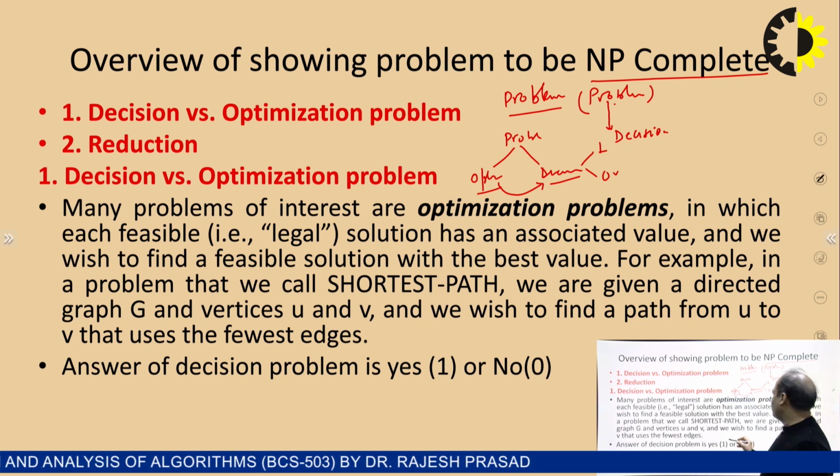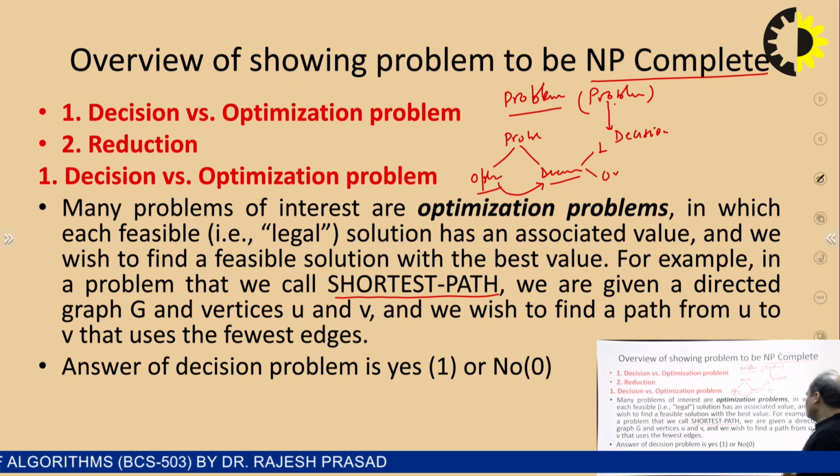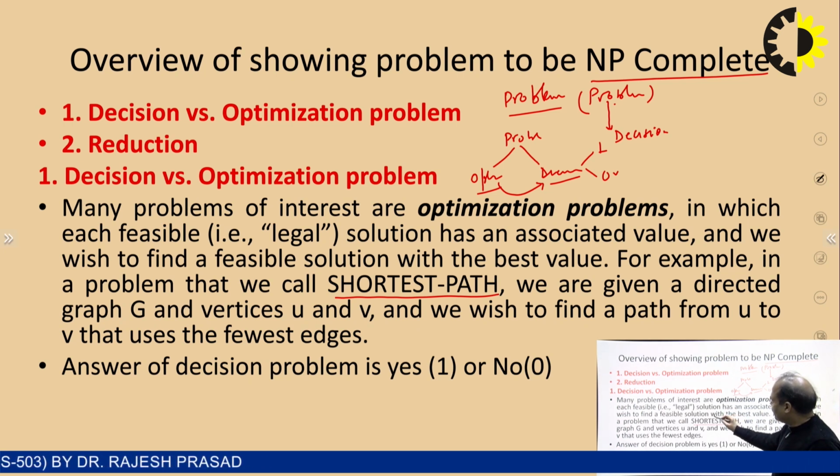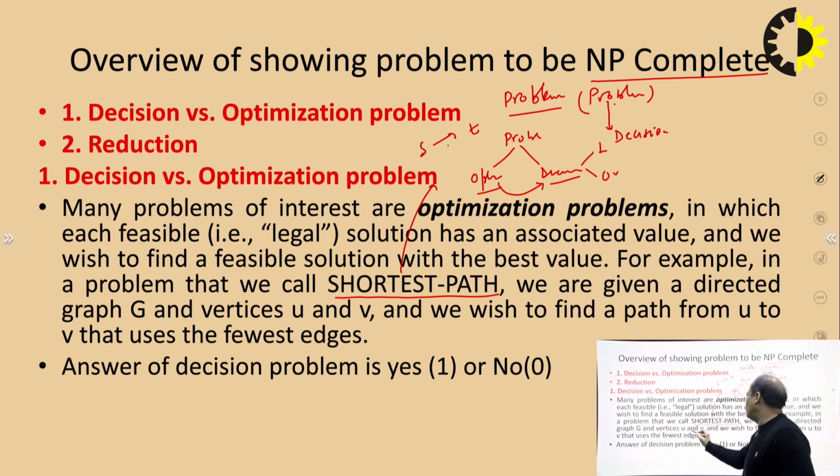For example, suppose we have the shortest path problem. This is an optimization problem, where we are interested in finding the shortest path from source to destination with some minimum cost. We are given a directed graph G and vertices U and V, and we wish to find a path from U to V with the fewest edges.